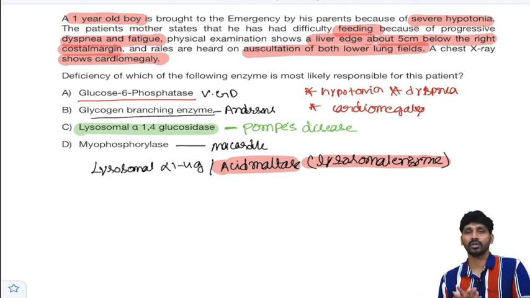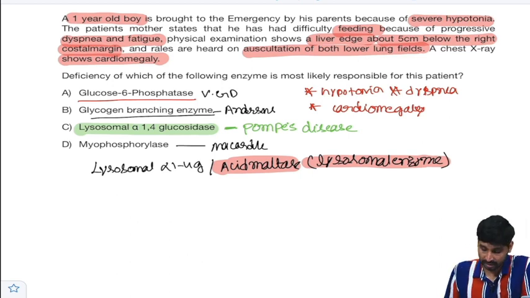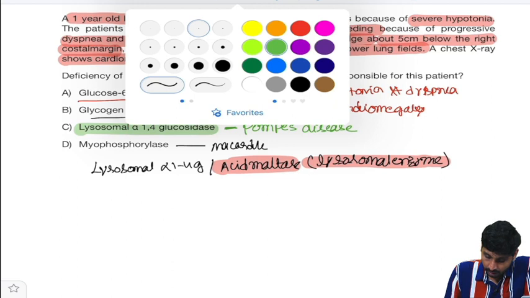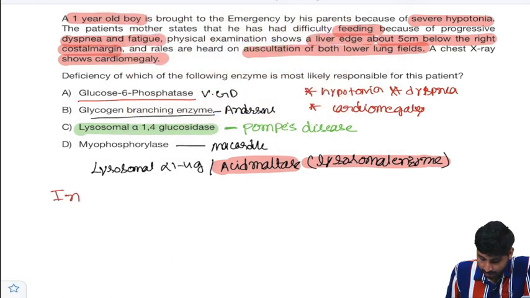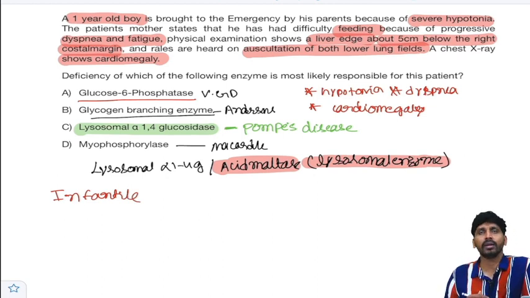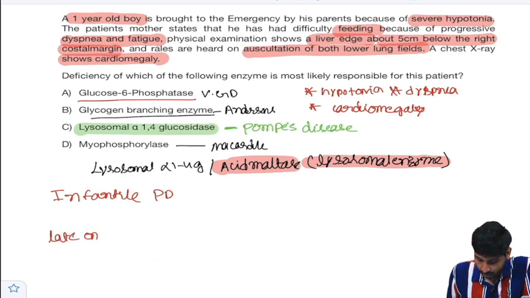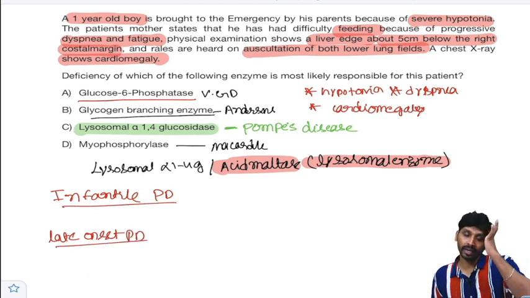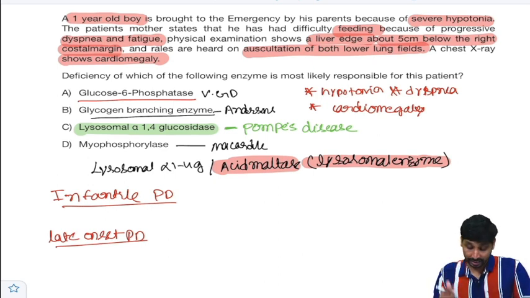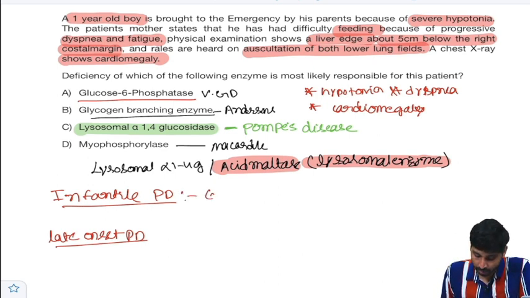What are the characteristic features of Pompe disease? There are two types: infantile Pompe disease and late onset Pompe disease, that is, after the infantile stage, in adults. Infantile Pompe disease is more common and lethal.